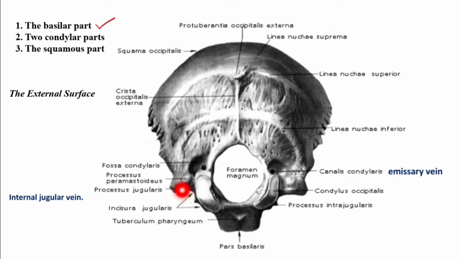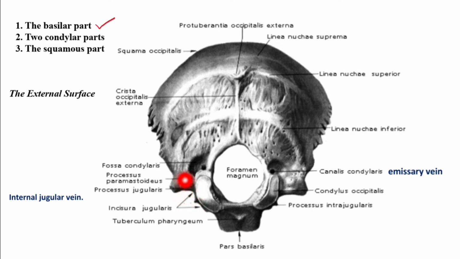So in an intact skull, this part is where the jugular foramen, foramen jugulare, will be located, right? So there is a tubercle, and this one is actually a process.